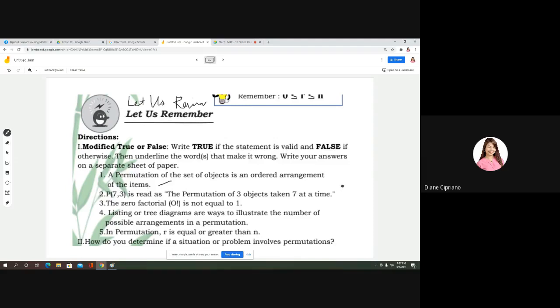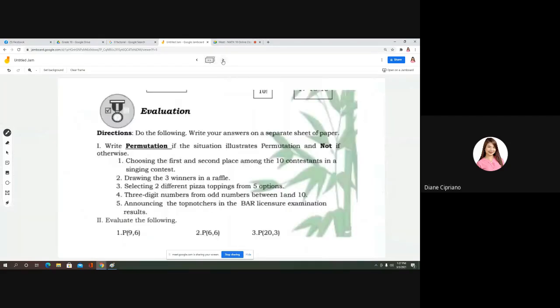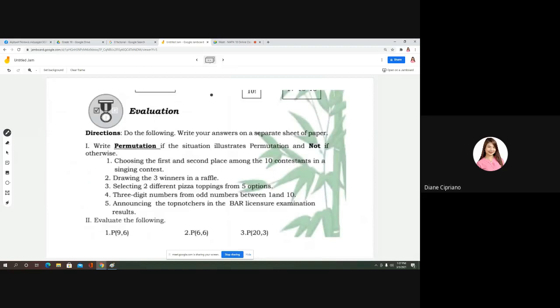Sasabihin nyo lang kung true yung given, tapos pag false, underline yung word. Okay? Next. And lastly is the evaluation part. So, Roman numeral 1 lang and Roman numeral 2 lang. Okay? So, dito lalagay nyo lang kung permutation or not permutation, 1 to 5. And evaluate nyo tong 1, 2, 3 using permutation formula.